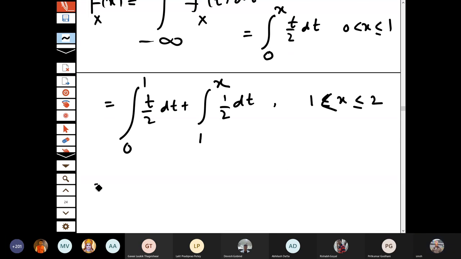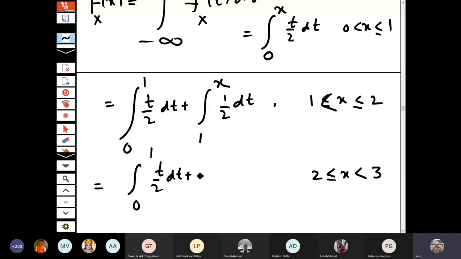Then for 2 to 3, it is the integral 0 to 1 of t by 2, plus 1 to 2 of half dt, plus the integral of (3 minus t) by 2 dt. So that is 2 to 3.